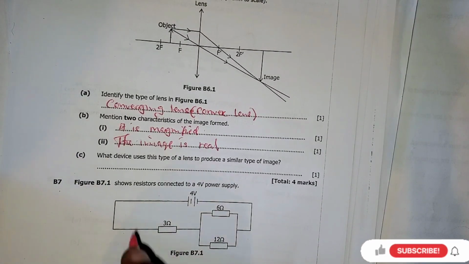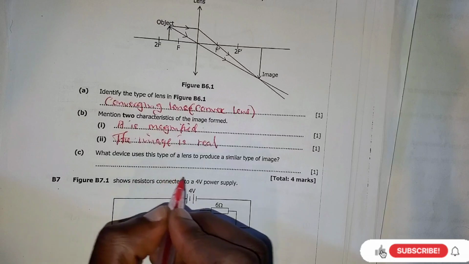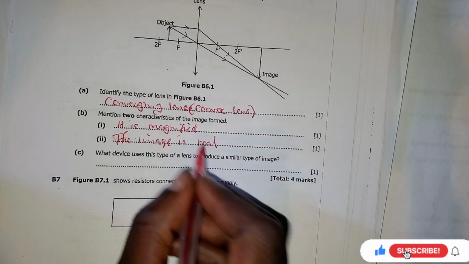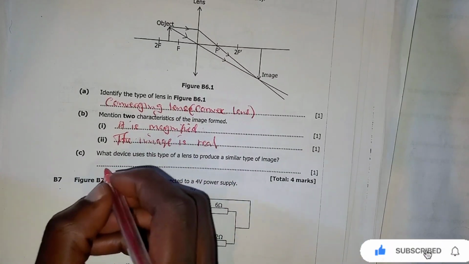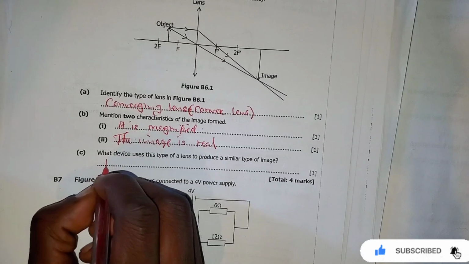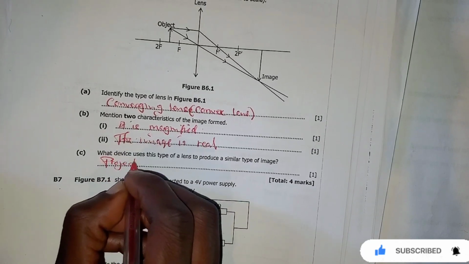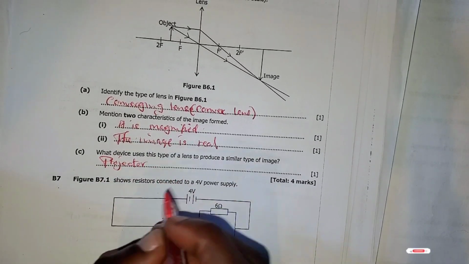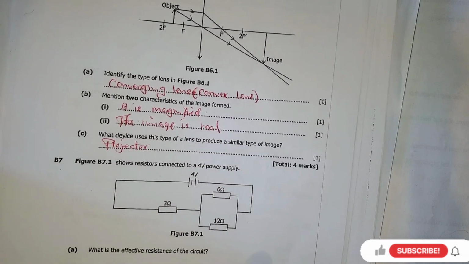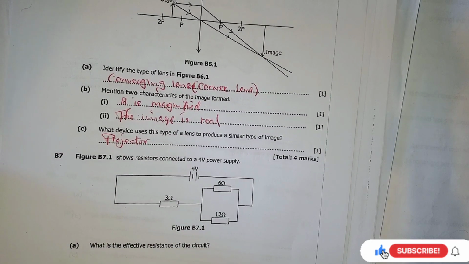There are a lot of devices that use this type of lens, convex lens. So you can use the projector, which projects the image on the projector screen. So that's all to question 6.